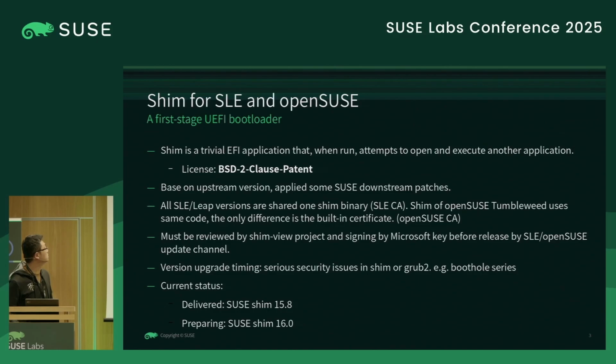Okay, about the background, just in case some people don't know, the Shim is the first bootloader in the UEFI environment for supporting Linux to boot to grub2.